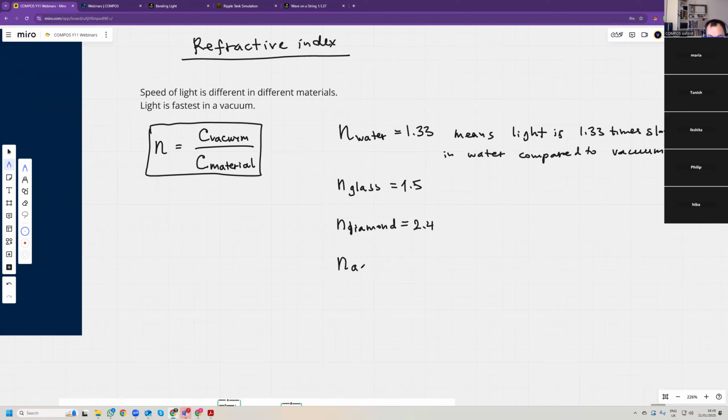The refractive index of air is 1, or approximately 1. That means it travels in air just as fast as it travels in a vacuum. Okay.